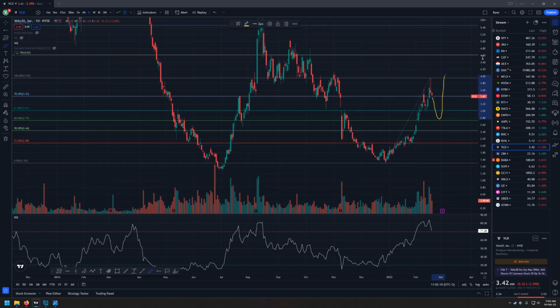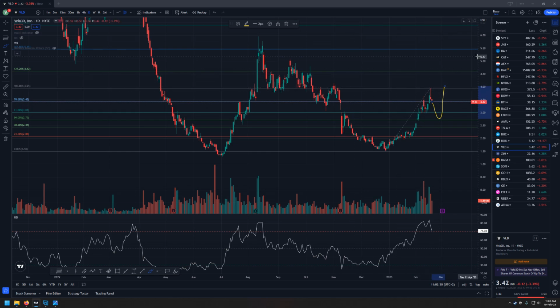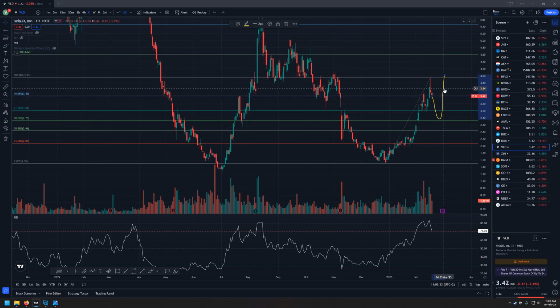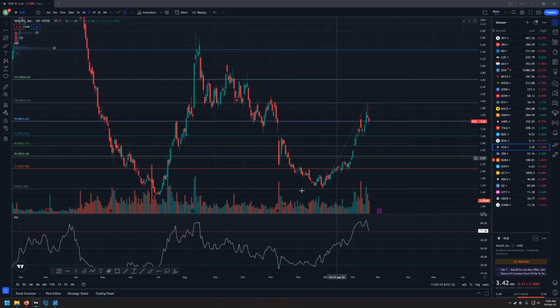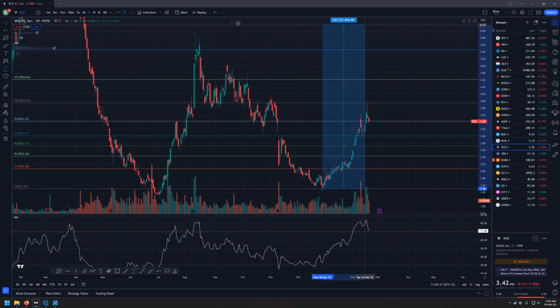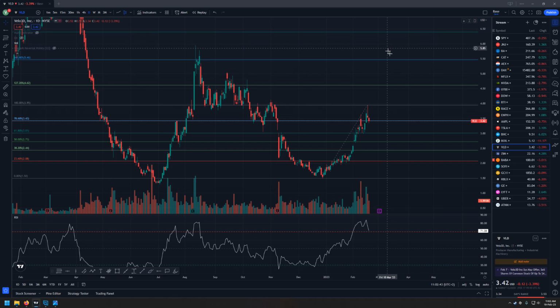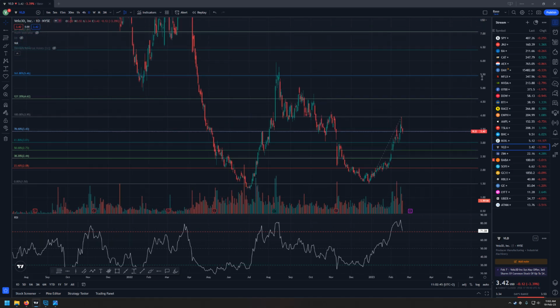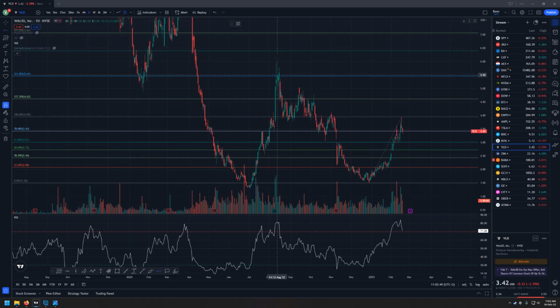And if it breaks out here, the target of the cup and handle breakout is to double it. So let's measure it. 246. So we need to be at around 5, something like this. Most likely it's going to be exactly this.